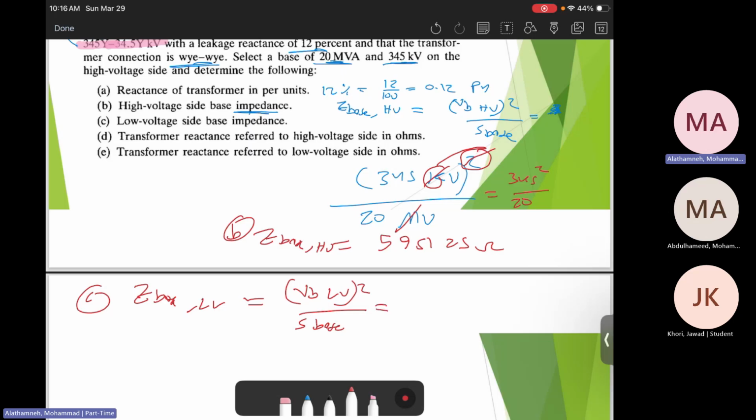Then V base is basically given as 345 without the kilo, squared. Let me see, pardon me. I think in the high voltage side, this is 345.